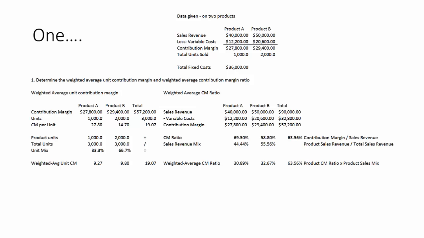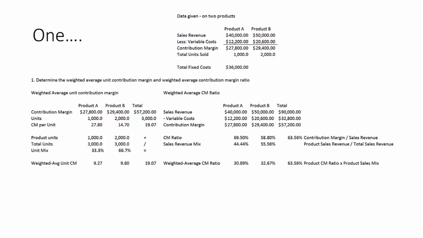Same calculation for product B. Now take 33.3% of the 27.80 contribution margin per unit for product A, and you get 9.27. If you take 66.7% of the 14.70 for product B, you get 9.80. If you add those two together, you also get 19.07. So that is our weighted average unit contribution margin.